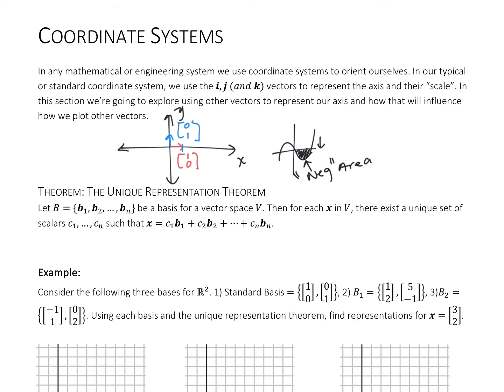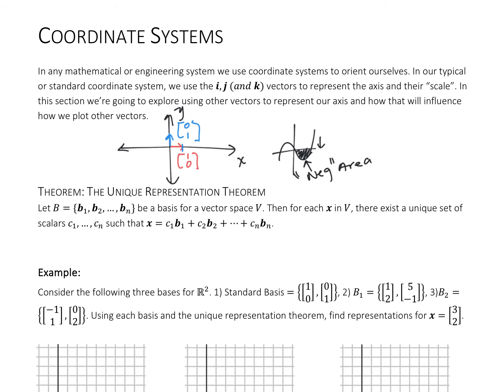I talked about a basis being a set of things, the smallest set of things that would describe that entire vector space if you take the span of it. By smallest set, that implies that each of those elements is linearly independent of the others.